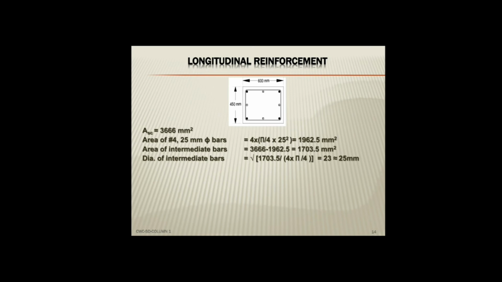So divide this area by 4 numbers into pi by 4 and taking the square root will give you the diameter as 23 mm. We can consider the standard size of 25 mm dia bars.